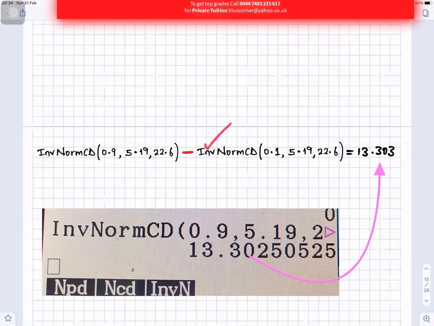Minus inverse normal cumulative distribution: 0.1 is for the 10th percentile, 5.19 is for the standard deviation, and 22.6 is for the mean. Don't forget there's a minus in the middle. You get 13.3, which you can see here. That's what I put in the calculator, and it gives you the answer. You can also do it by getting the information from a table if you're not using a calculator.